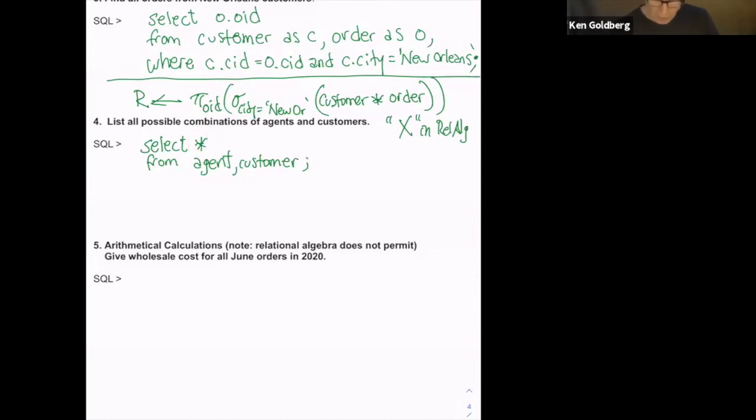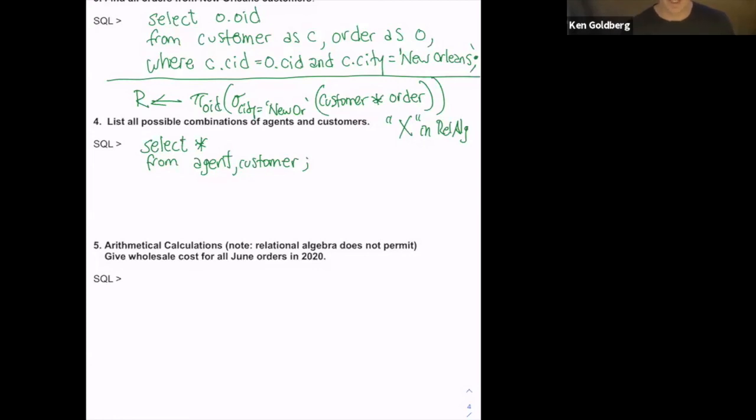And what I'm saying here is by not having a where clause, there's no condition, right? So it's just saying, give me all combinations of agents and customers, right? So it's essentially doing a cross product because of the lack of a condition. Because there's no limit on it.